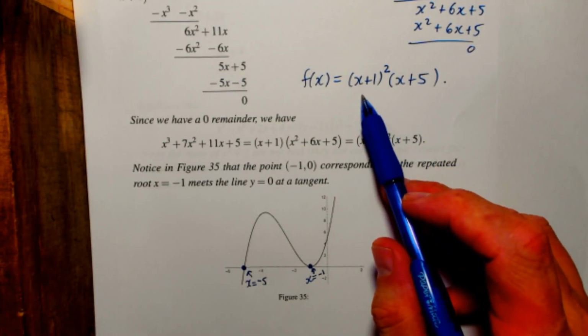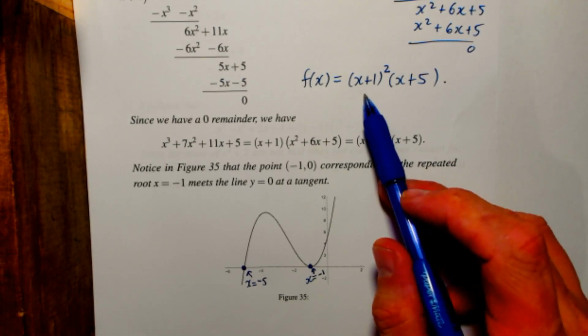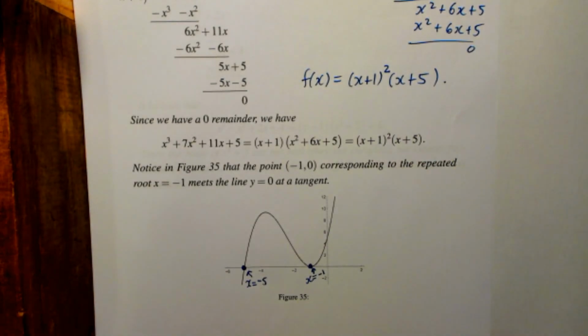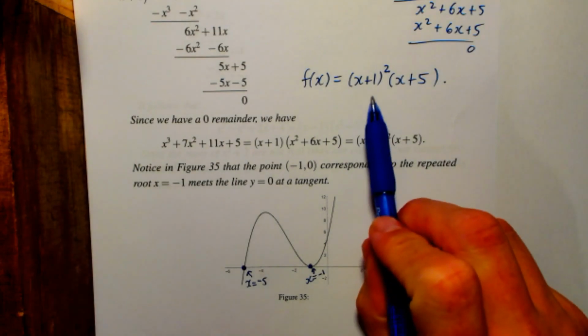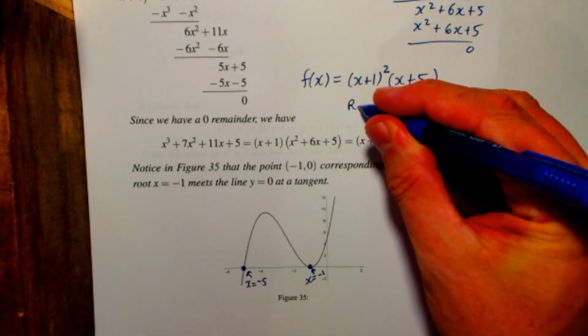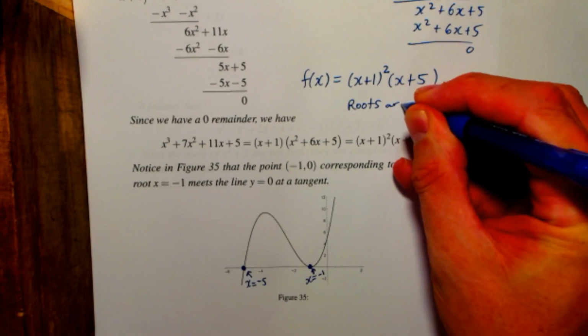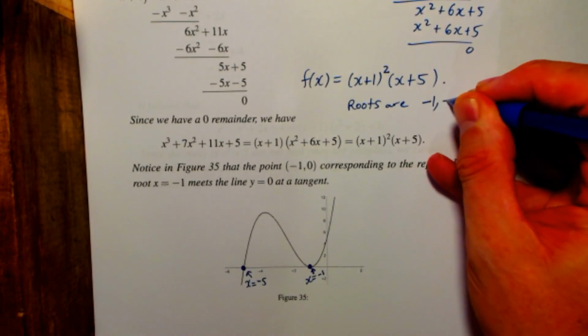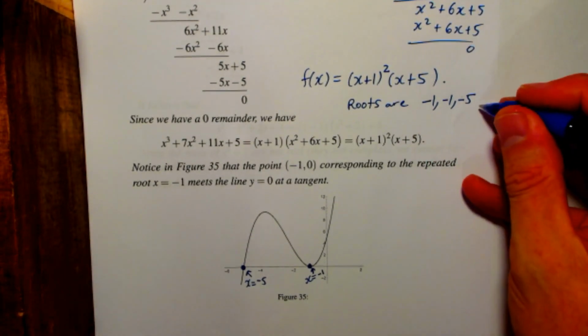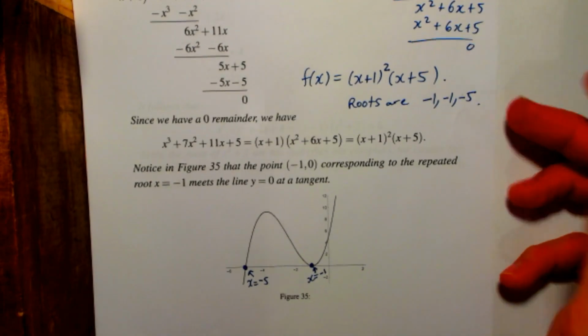According to the fundamental theorem of algebra, this cubic should have 3 complex roots where some of them might be repeated. So 1, 2, and 3. So roots are minus 1, and minus 5. Minus 1 is repeated.